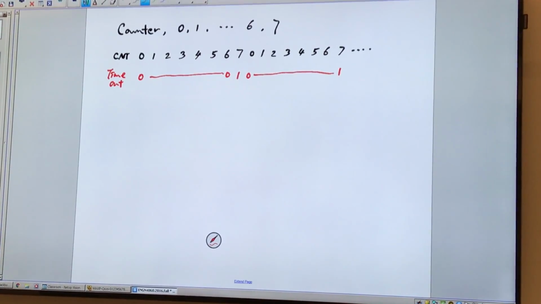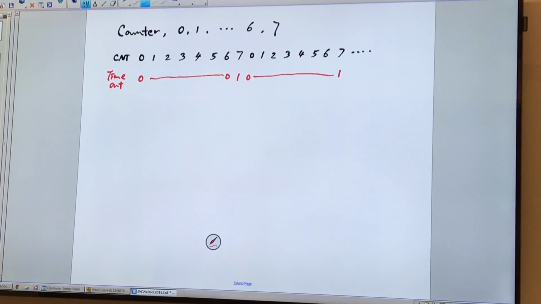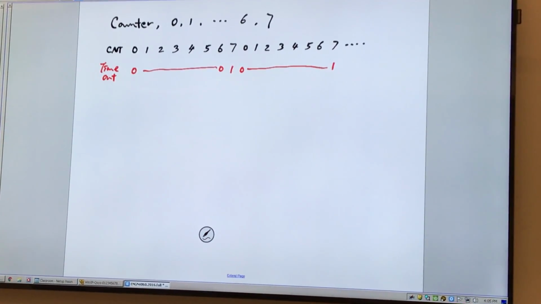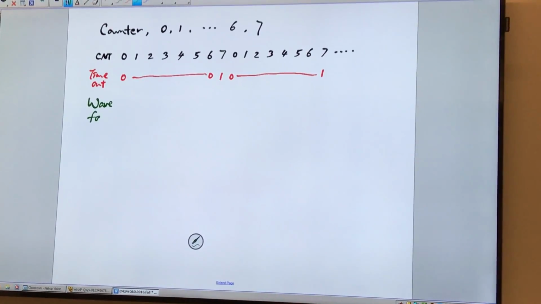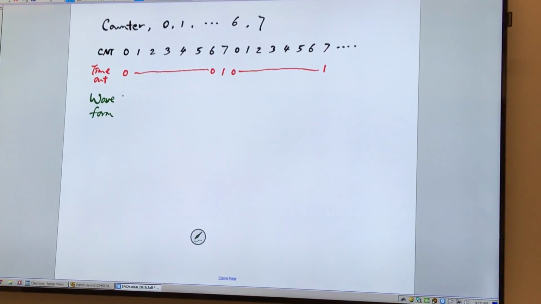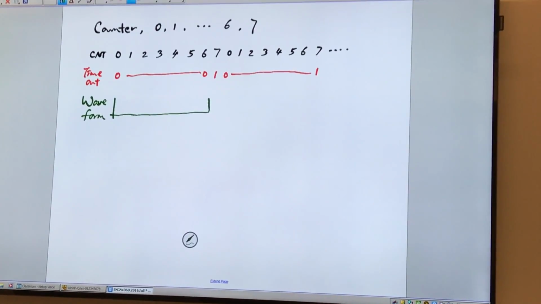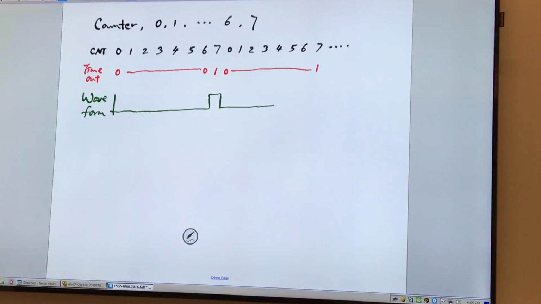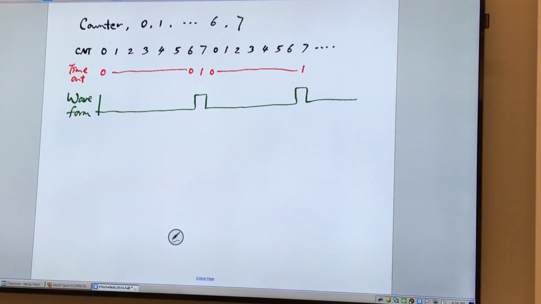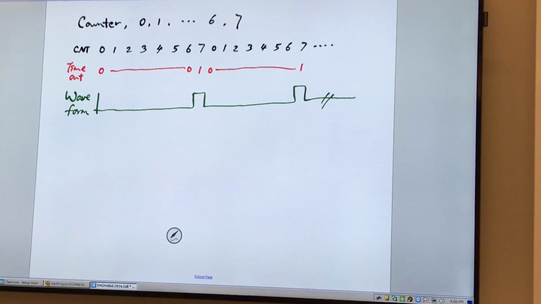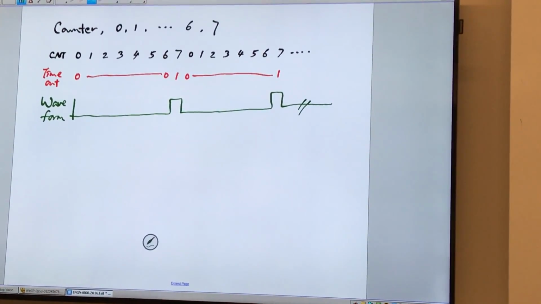Okay? Alright? So let's draw the waveform instead of writing out the numbers. This is active low. Okay, and then continue like this.